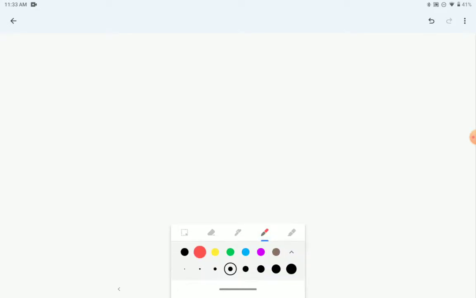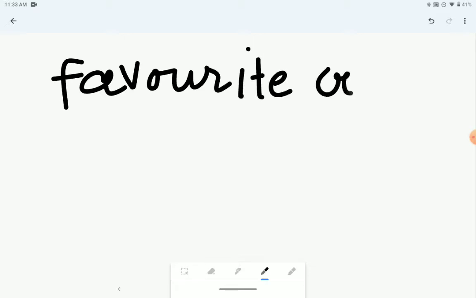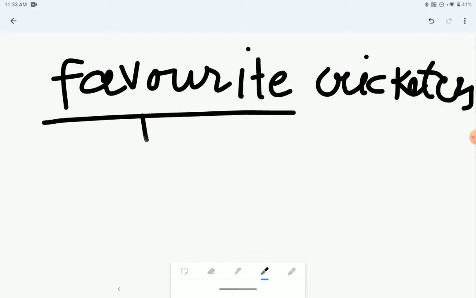Now, let us take an example. Set of favorite cricketers of you. Here, the word favorite is an adjective.